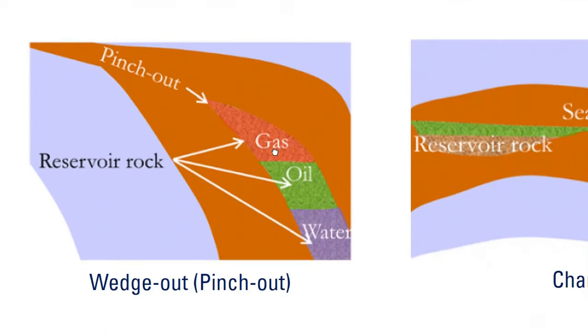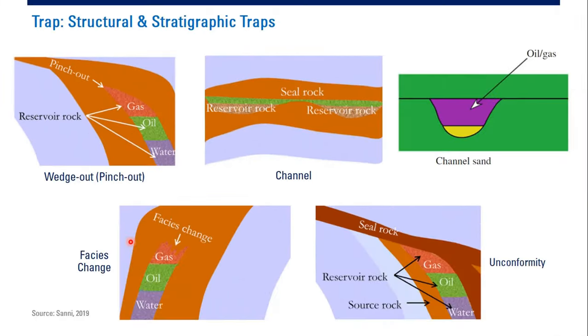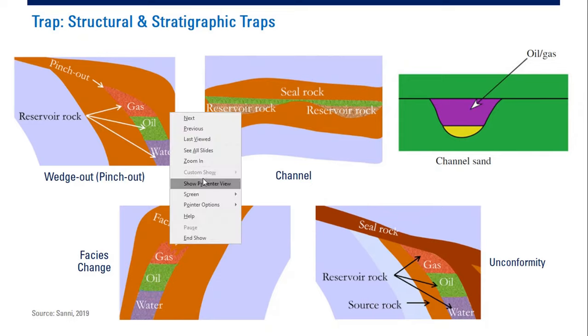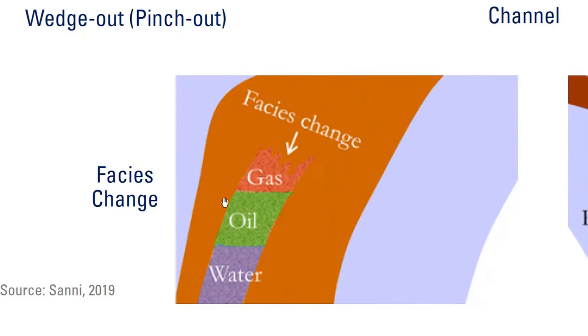If we zoom in, the reservoir stops there. The distribution of the reservoir ends at one point. We call it pinch out. Here we have phase changes. We have gas, oil, water, but the phase changes.